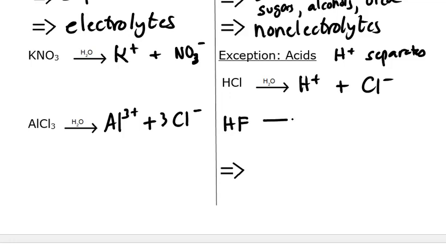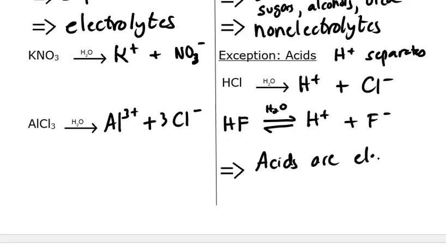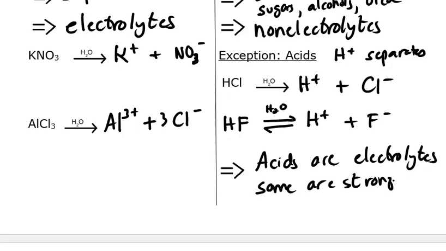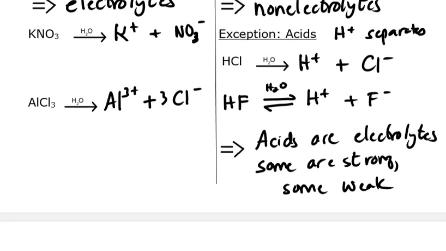HF is an example, so I use a double arrow backwards and forwards on HF, which is weaker because it does make H plus and F minus, but only to a small extent. So acids are electrolytes, unlike the other molecular compounds, and some are weak and some are strong. But this video won't address strong and weak acids very much.